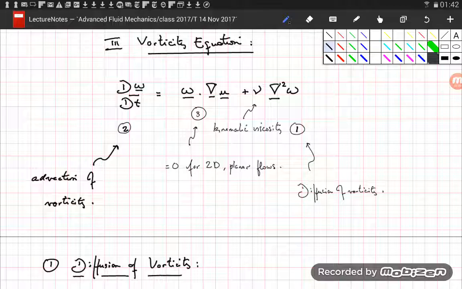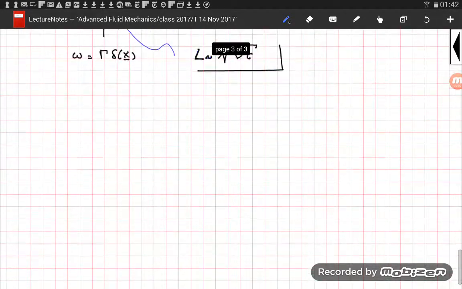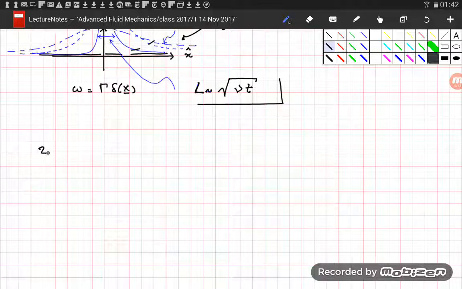And now the other part which we want to discuss is the advection of vorticity. Let me write that. Advection of vorticity, and a typical example is vortex interaction.